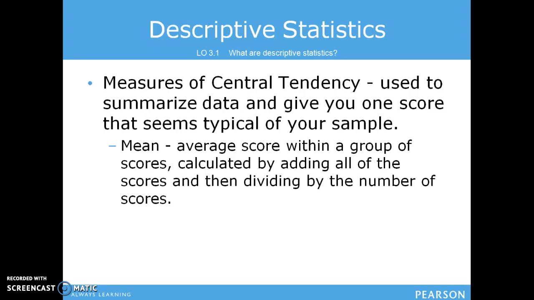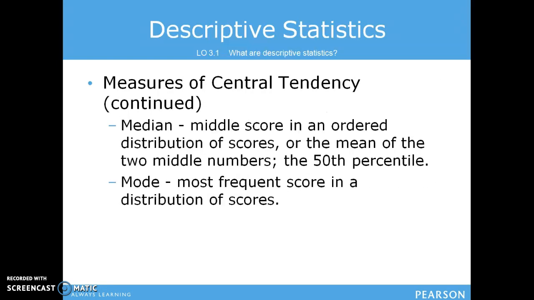So if I were to look at someone who I think has normal intelligence, I could make an educated guess that that person probably has an IQ of around 100. Average scores are very useful for this because then I know what to expect, what is normal. What should I set my standard as for my definition of intelligence, for example.